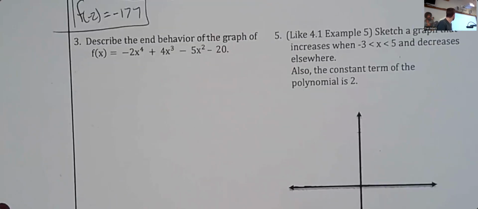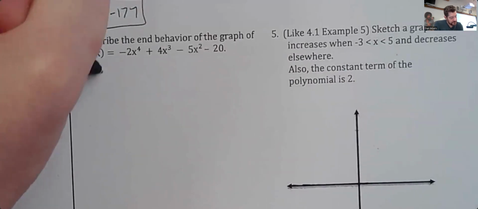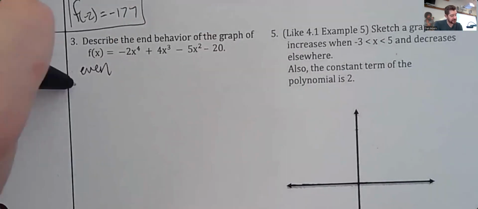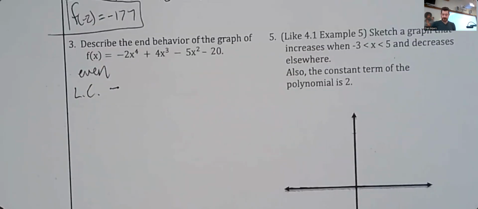Describe the end behavior. All right, so is this an odd or an even? Even, okay. Is the lead coefficient positive or negative? Negative. So that means we're looking at even with a negative lead coefficient.